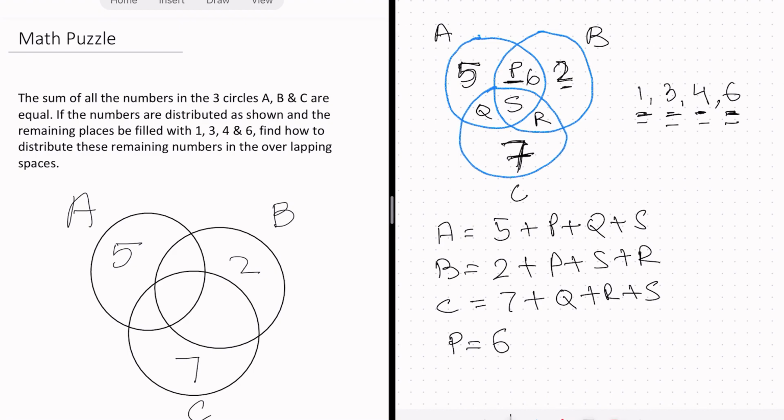Now the area that does not come in B is Q, because I see that B has P, S, and R. So let's assume that Q is 1. So we have an assumption of P is 6 and Q is 1.